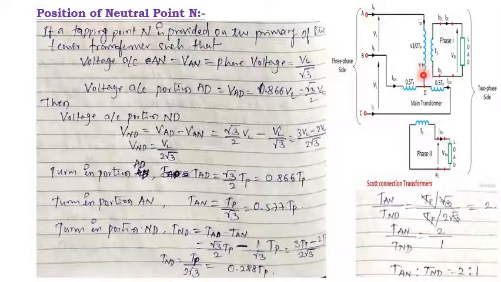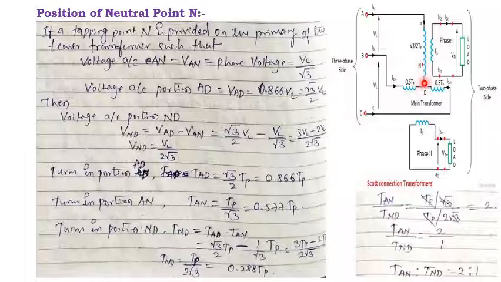You know both magnitudes: VAD is root 3 divided by 2 times VL, and VAN is VL divided by root 3. Subtracting these two, we get VL divided by 2 root 3. This is the voltage across N to D.